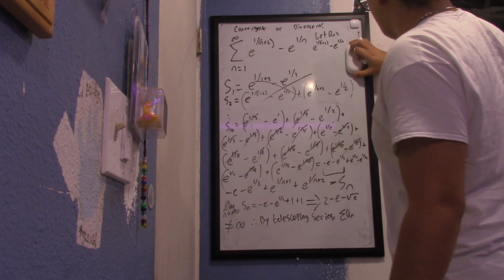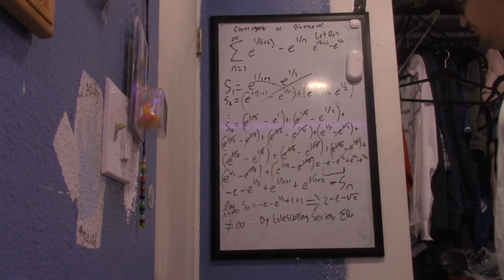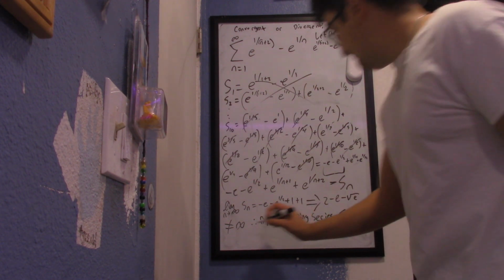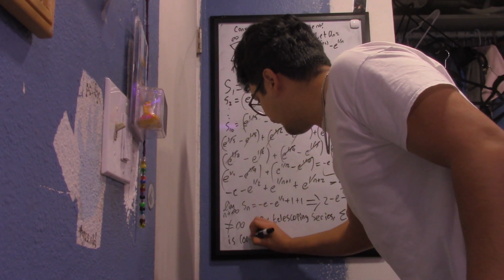That's kind of sloppy of me, I'm sorry. But we have to establish that that is a of n, and therefore we could go down here and say the series, by the telescoping series, a of n is in fact convergent.